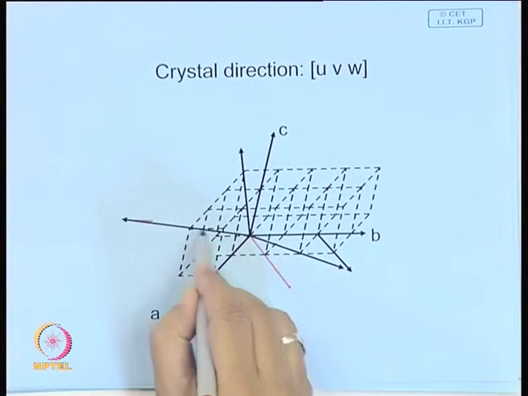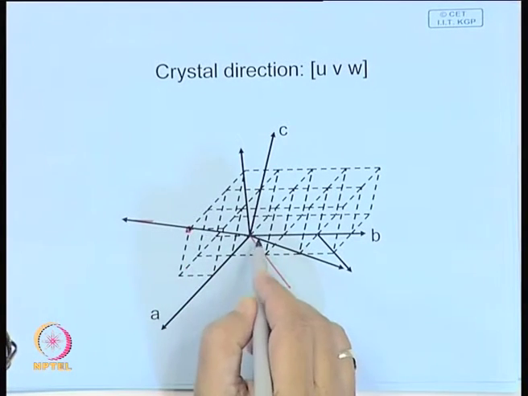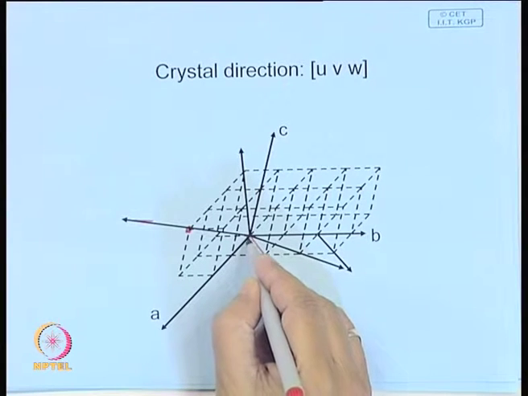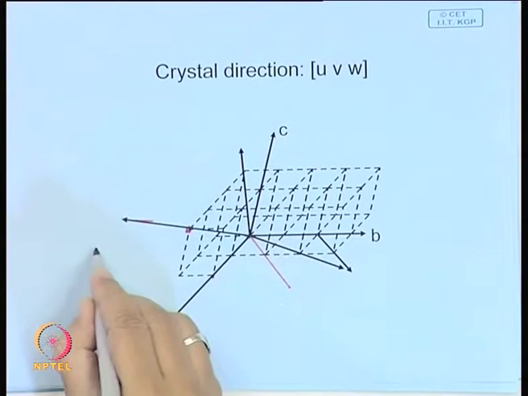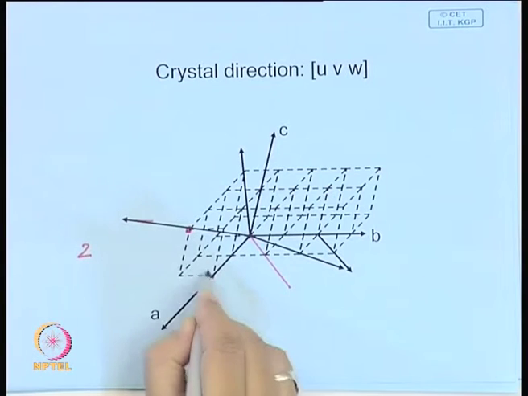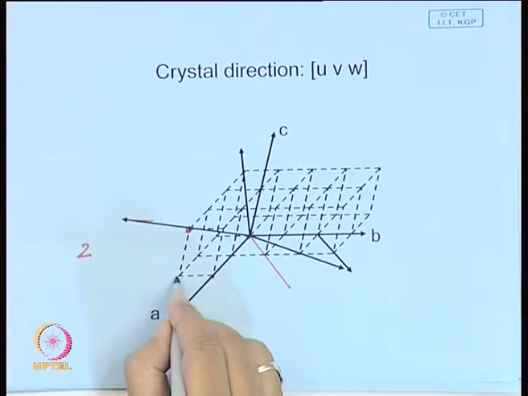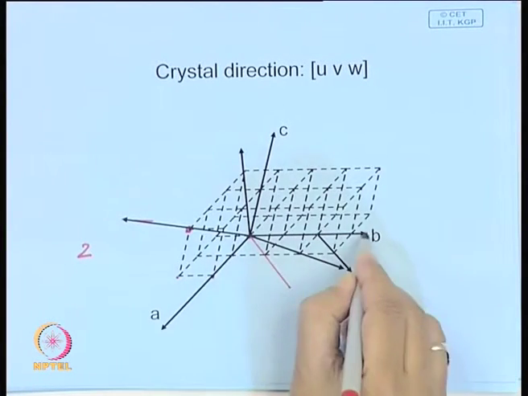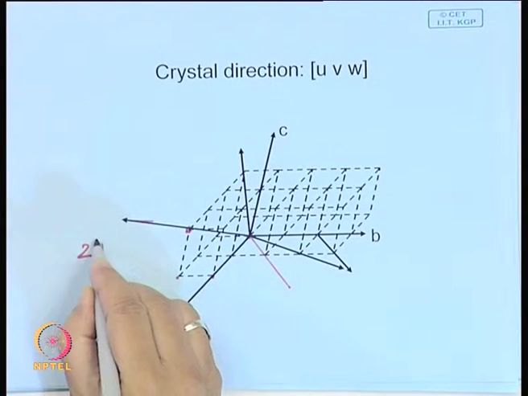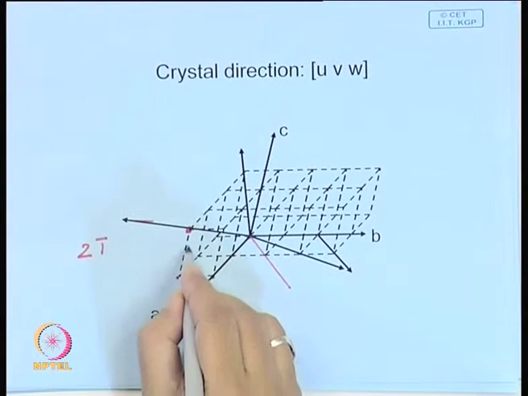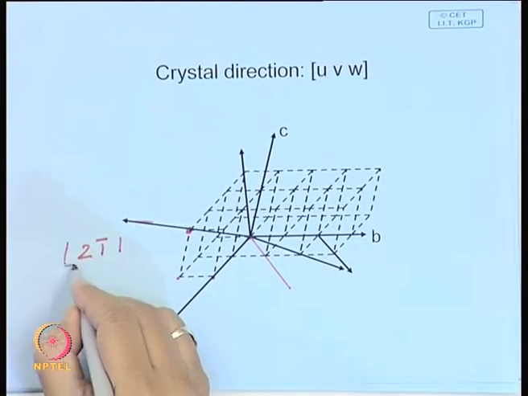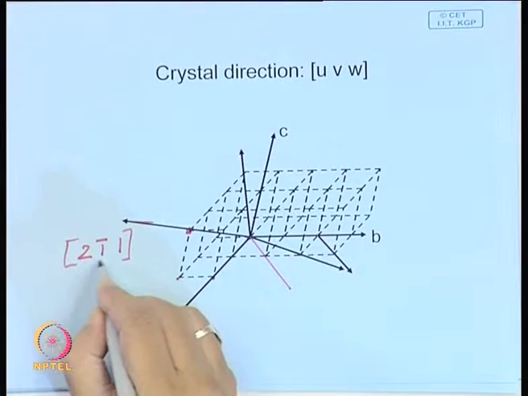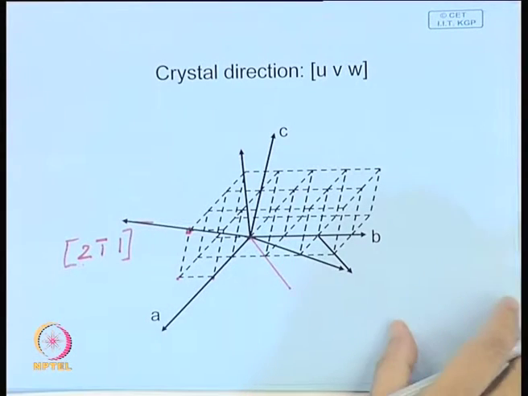We have joined this point with this point. So, you find out, you go 2 steps along A in the positive direction, then 1 step along B in the negative direction, 1 bar, and 1 along C. So, this is called 2, 1 bar, 1.